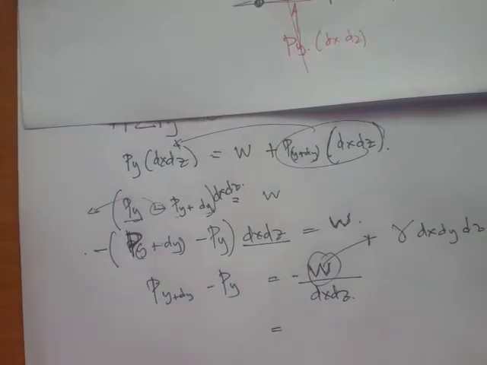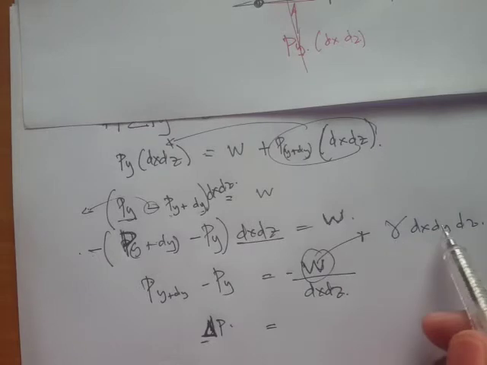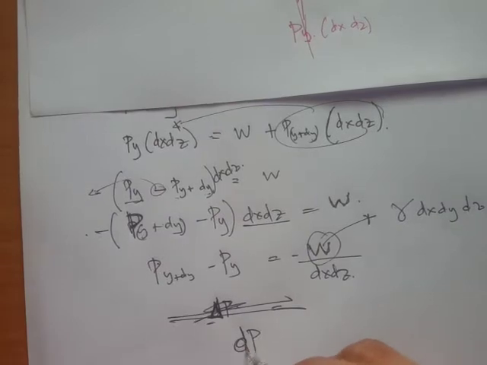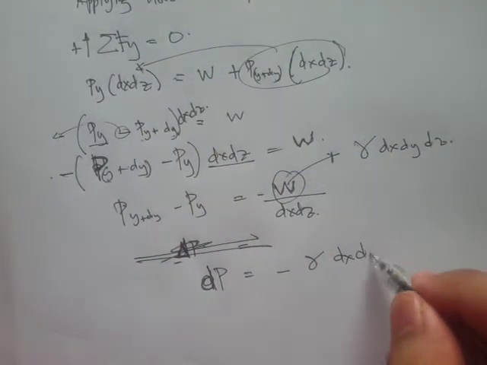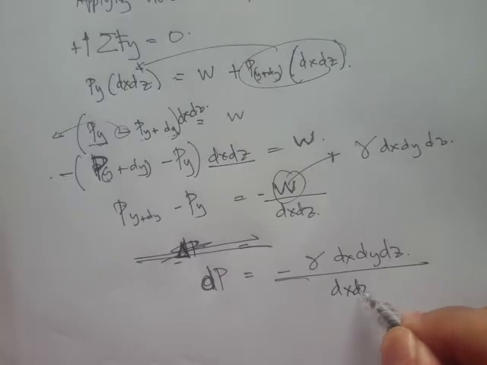Okay, so this one we can just write as dp, or delta p. We'll just write dp differential is minus omega times dx dy dz all over dx dz.